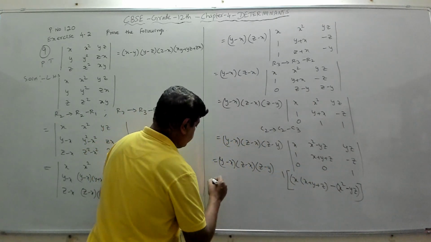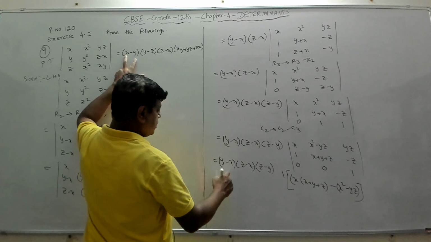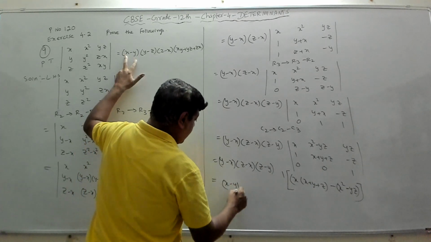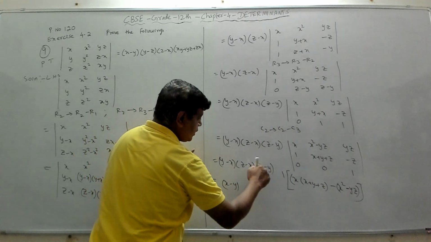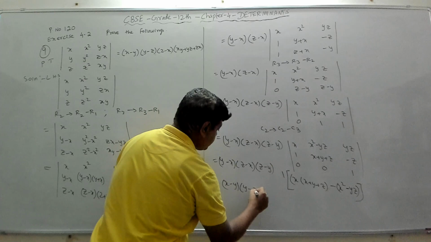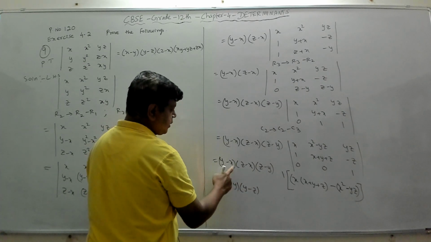So here it is y minus x, but we need x minus y. I will interchange this. So I'll get x minus y. I will have one negative. Then again I need y minus z. I have z minus y. I will interchange this also. It will become y minus z. So this will give me one negative, this will give me one negative because I have interchanged this and this.